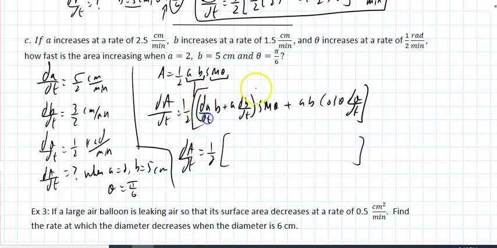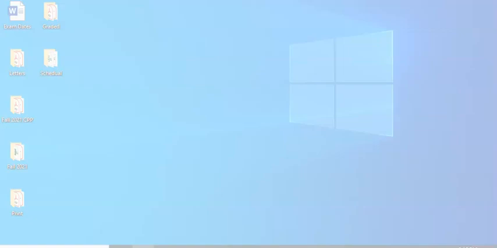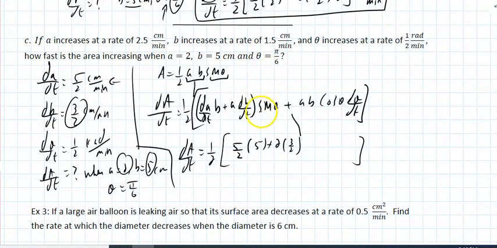If you didn't really get implicit out of the way, you're going to be very confused on all of these different implicit differentiations. Well, dA/dt is given to be 5/2 times B. B happened to be a 5 plus A happened to be a 2. dB/dt is 3/2 times the sine of pi over 6 is 1/2.